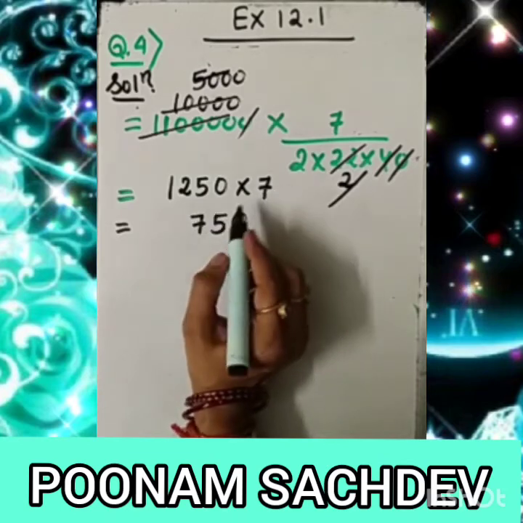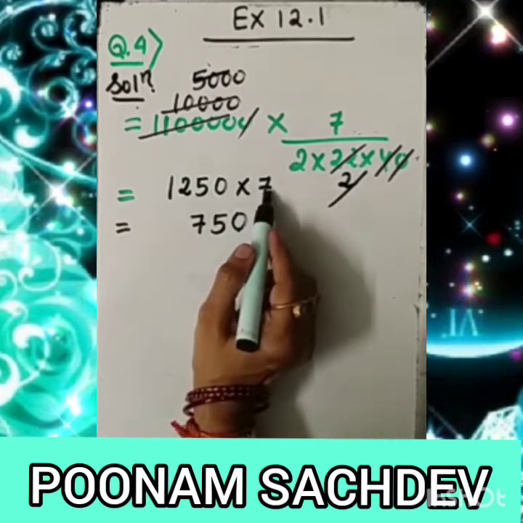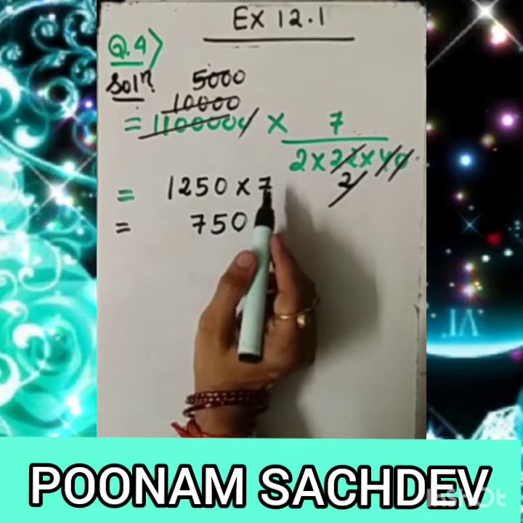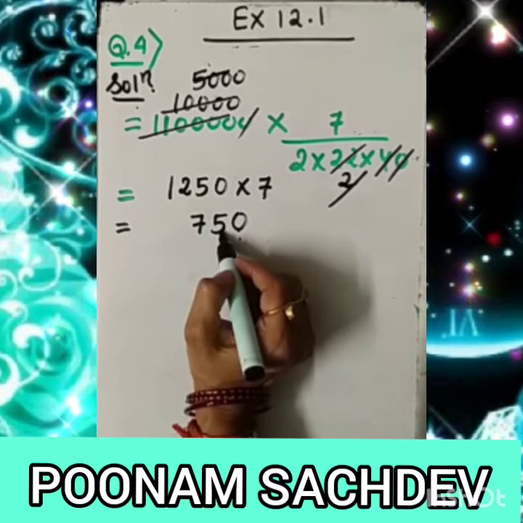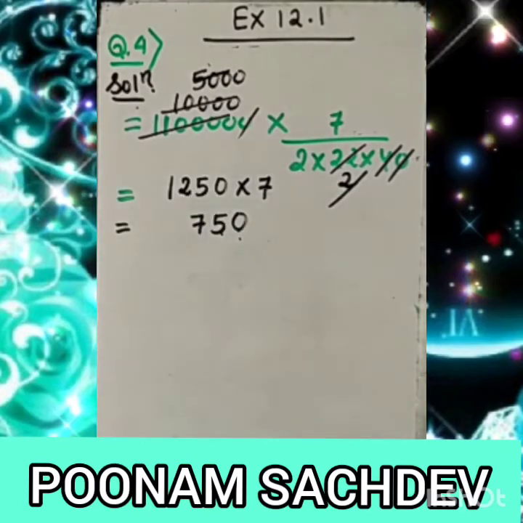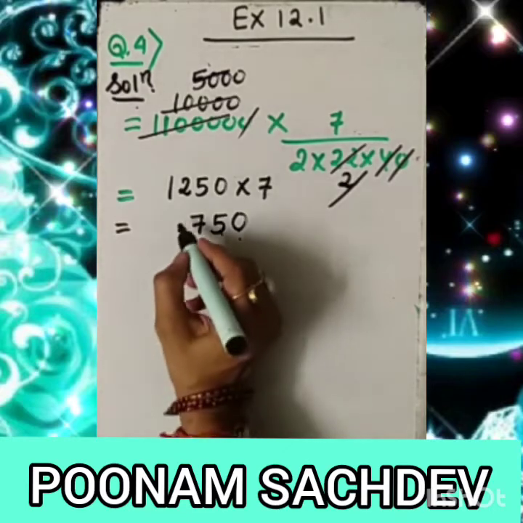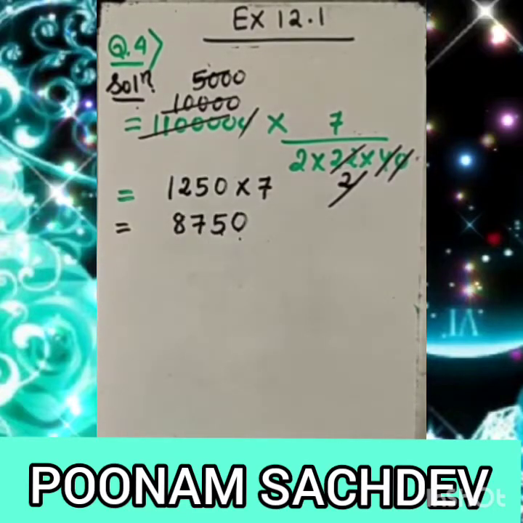I think the simplification is coming this way. See, 0 into 7, 7 fives are 35, 3 carry over, 7 twos are 14, 14 plus 3 is 17, 1 carry over, 7 ones are 7 plus 1, it is 8750.